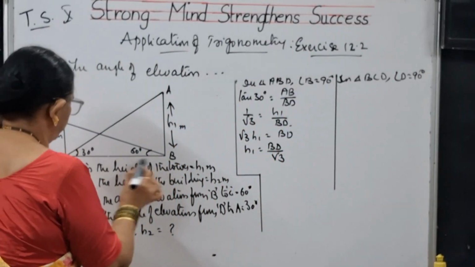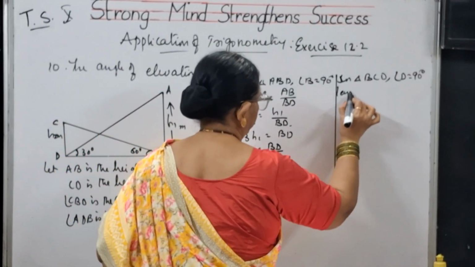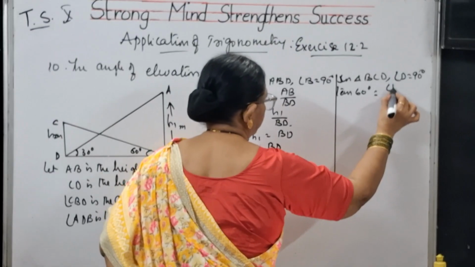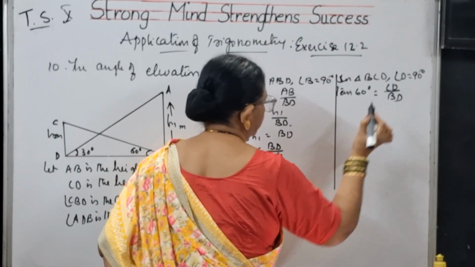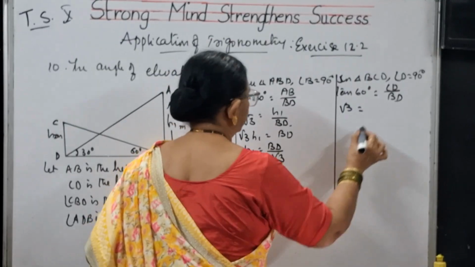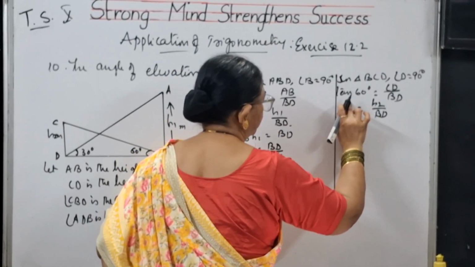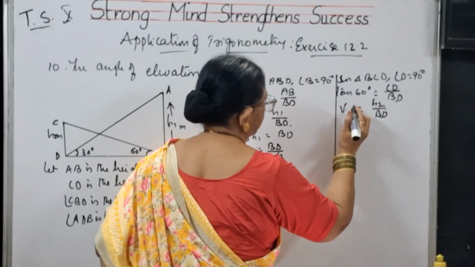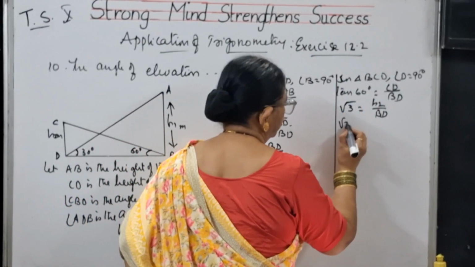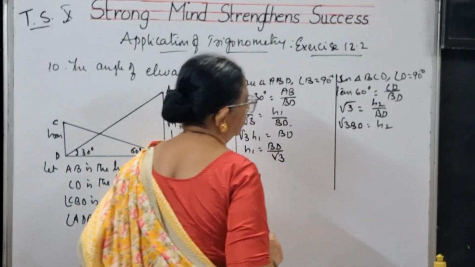So tan 60 degrees is equal to CD by BD. So tan 60 means root 3 is equal to CD is H2 by BD. This is root 3. So root 3 BD is equal to H2.